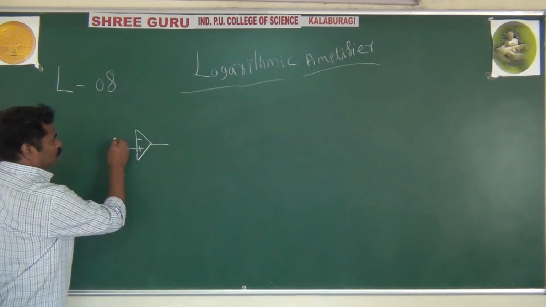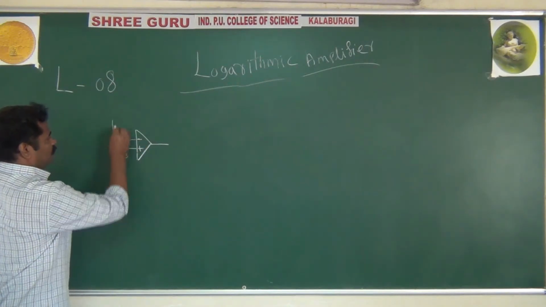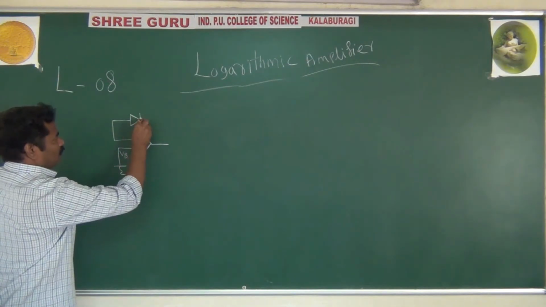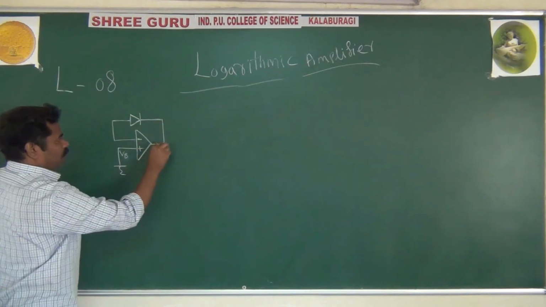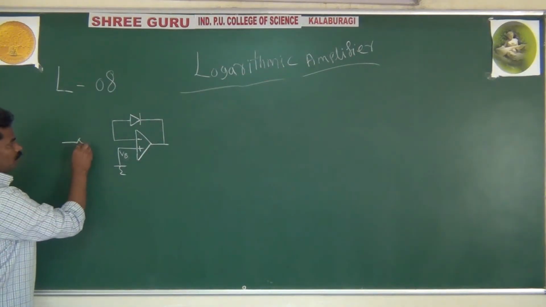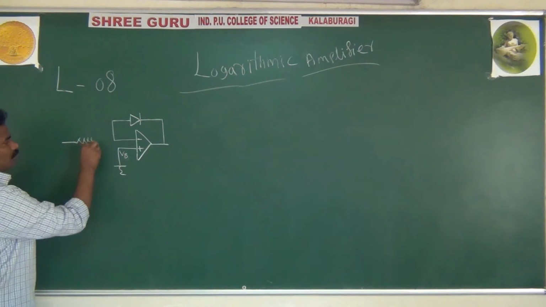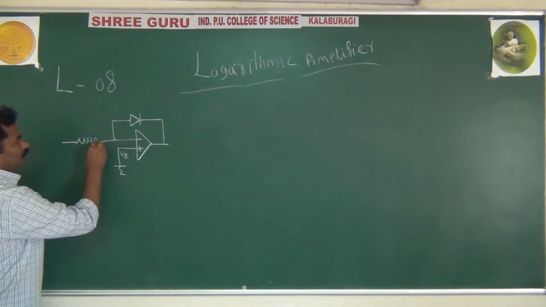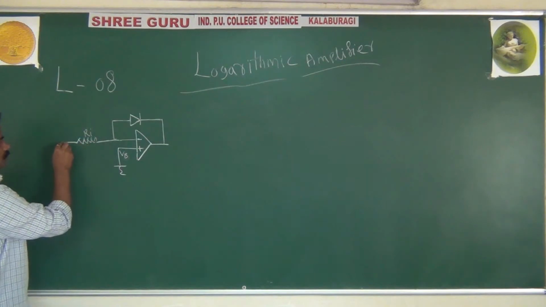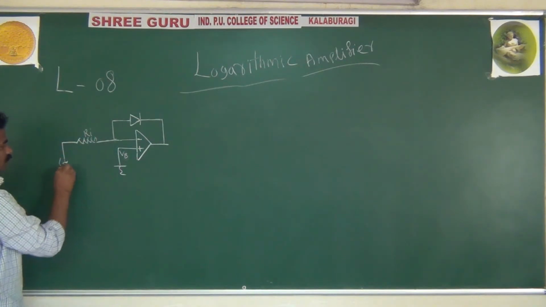And as usual, you are using a diode in the feedback path, and you are applying the input to the op-amp by using RI, the input resistance. You are applying an input signal.